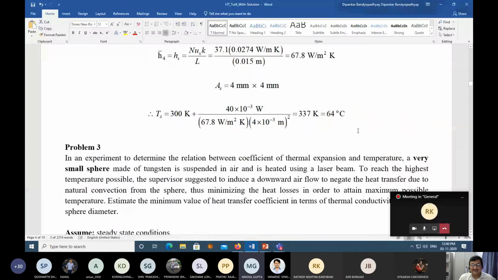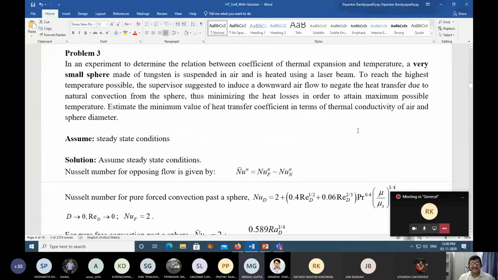Mridul, can you please read problem 3 for me? In an experiment to determine the relation between coefficient of thermal expansion and temperature, a very small sphere made up of tungsten is suspended in air and is heated using a laser beam.